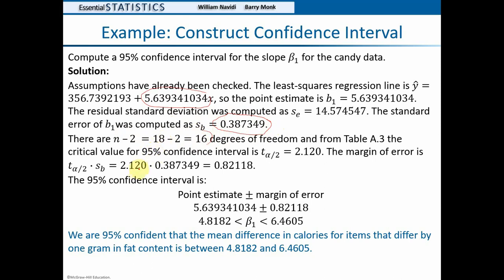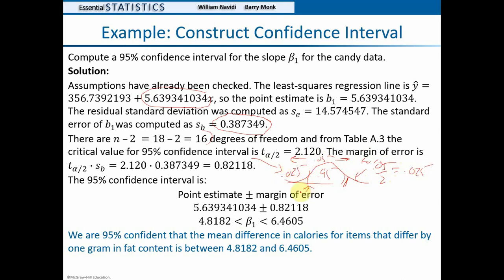Now we've got to have the t alpha over 2, so I go to the table, A3, 16 degrees of freedom, we had 18 samples, for critical value, 95% confidence. So I had 0.95 on the inside, 0.05 on the outside. I'm looking at 0.05 over 2, that's t alpha over 2. So alpha is 0.05, this is 0.025.